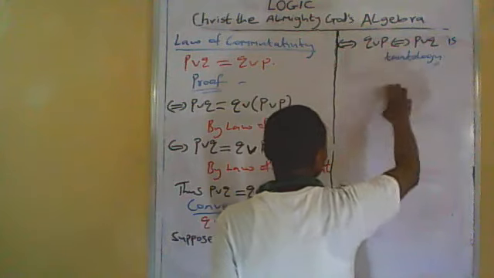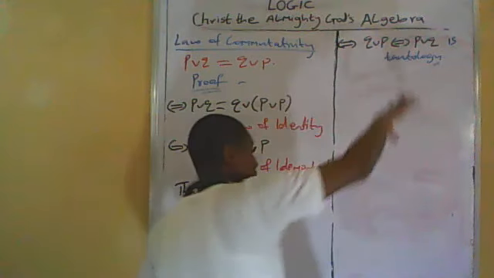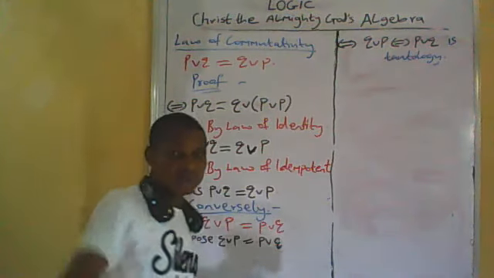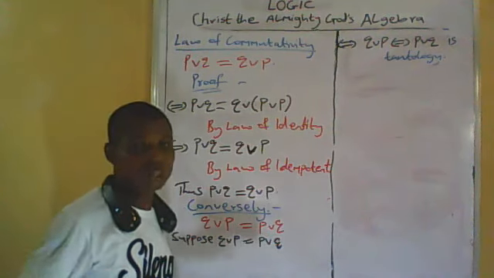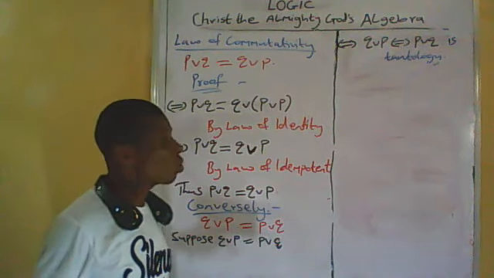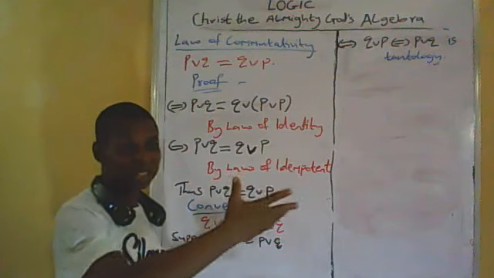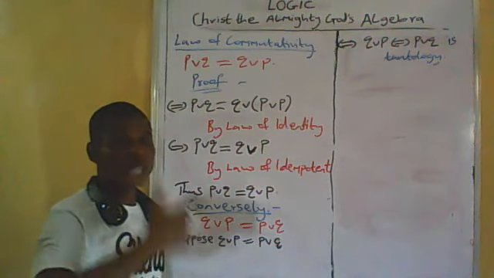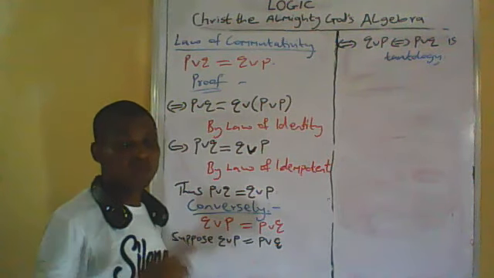If that is the case, we say that in the evaluation of this statement, it is a tautology. That means when the statement is being validated, there is no possibility of getting falsity, always truth.